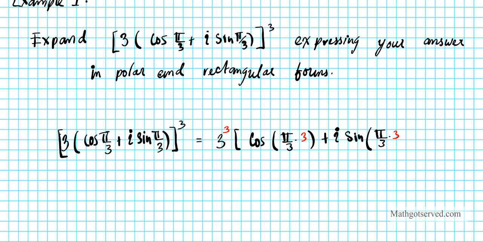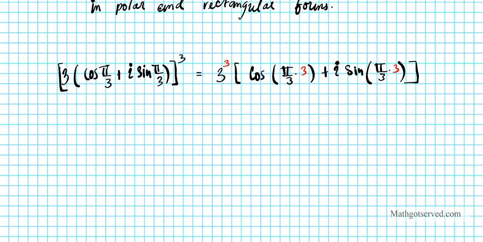Close the bracket. Now 3 to the third is 27. This 3 and this 3 divide out, so we have times cosine pi plus i sine pi. The same story happens here, these divide out. So this is our answer in polar form.